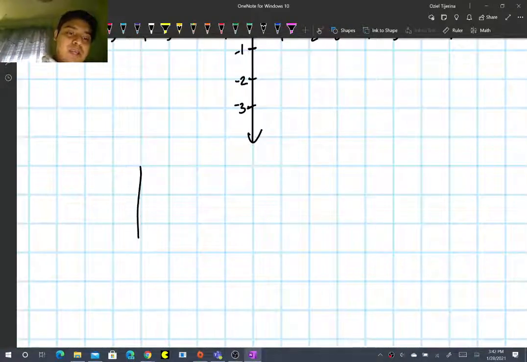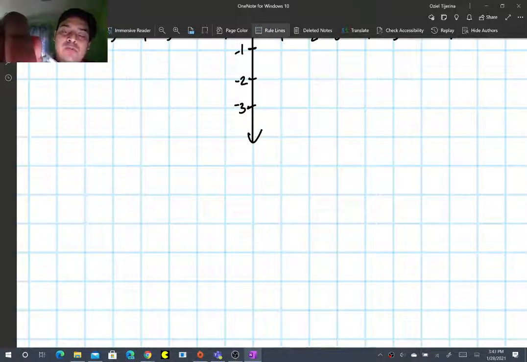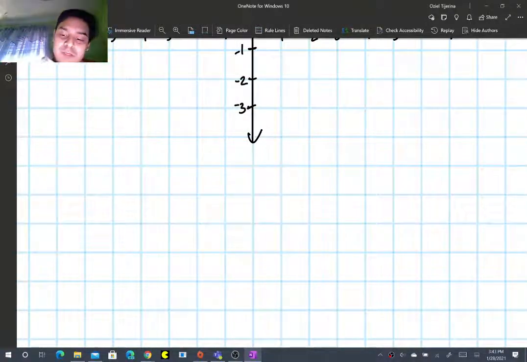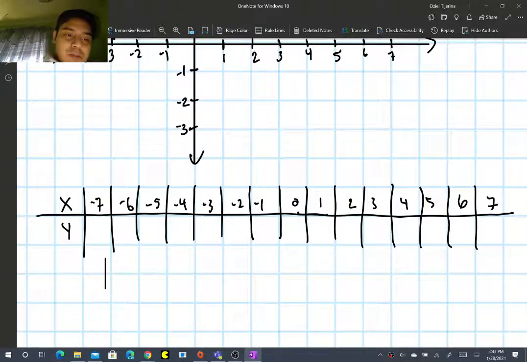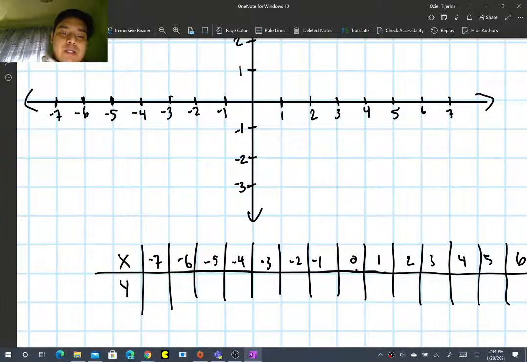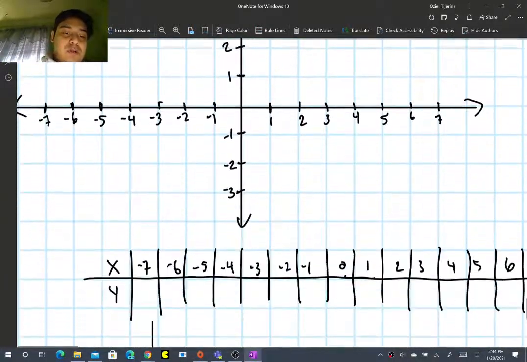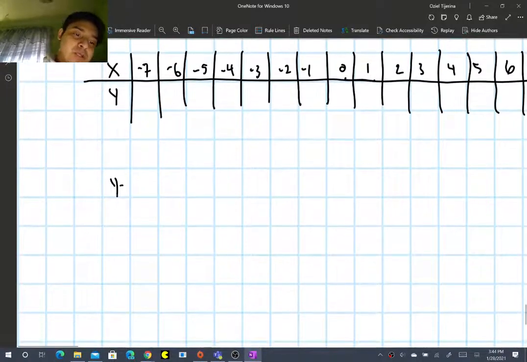So if we make a table really quick, we're gonna plug in numbers, okay? We're just gonna say y equals, and you can do this on Desmos if you want.